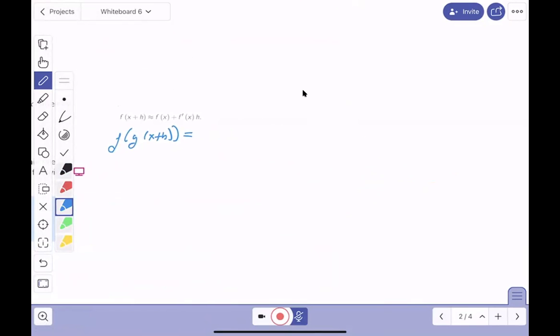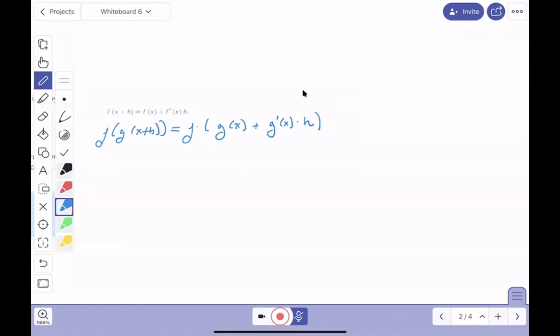So I've got f of, it's going to be tough to write this down, right? So it's going to be g of x plus g prime of x times h. Now I've got to expand this. Local linearization again.